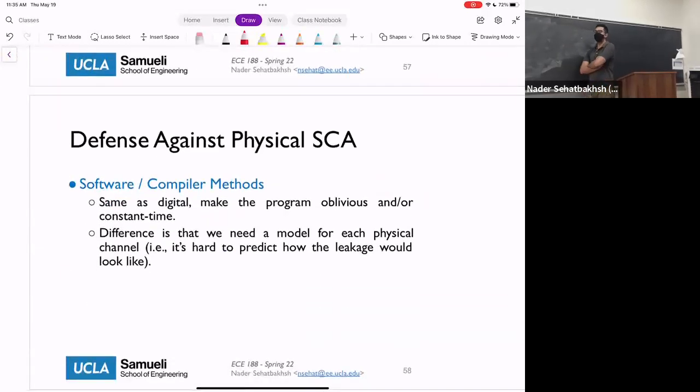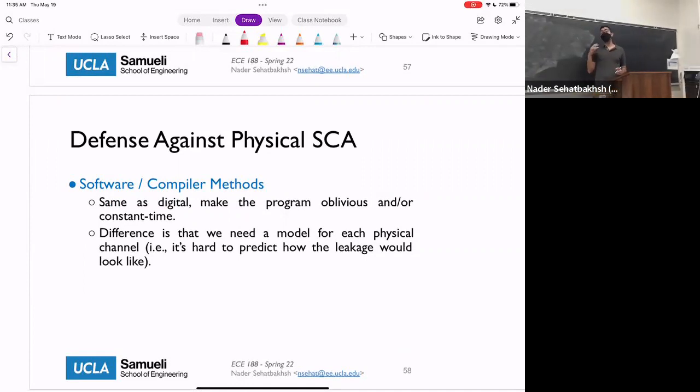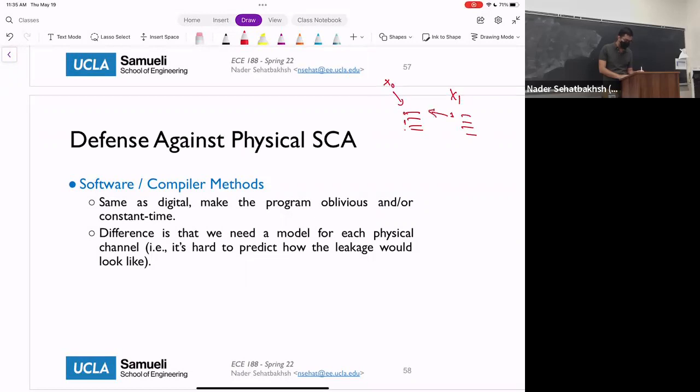The first way that's very popular is at the software level or the compiler level. Remember, the reason we are seeing these physical side channels is that we're fundamentally running different things, right? So if this is from x0 and this is from x1, if I run the exact same things in both scenarios, then the signal I'm getting is exactly similar.